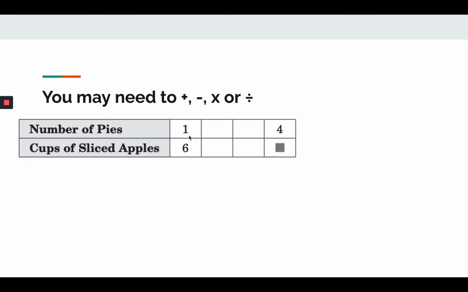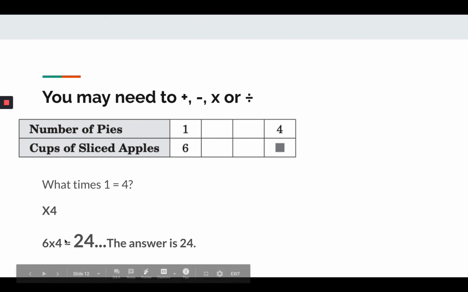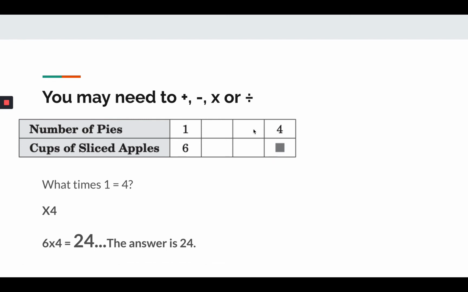And you might be able to just realize that, what do you need to times by 1 to get 4? Well, 4. You times it by 4. And to keep the ratio equivalent, whatever you do to the pies, you got to do to the apples. So you take that 6 and times it by 4. Your answer is 24. If you have 1 pie and 6 cups of apples, well then in 4 pies you're going to have 24 cups of apples.